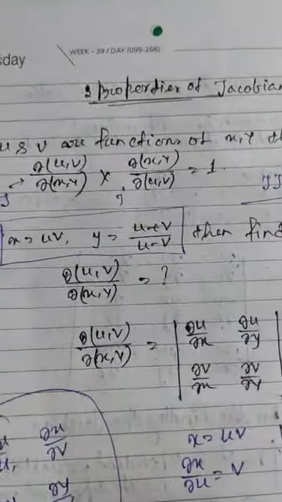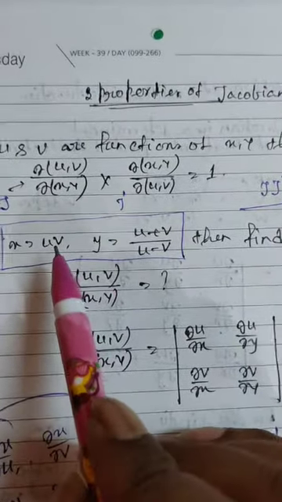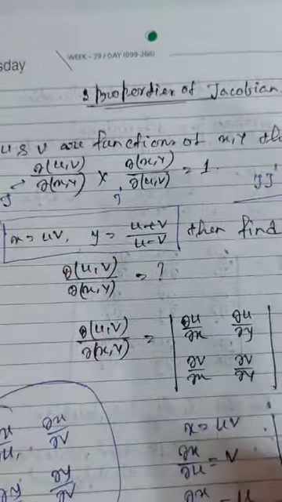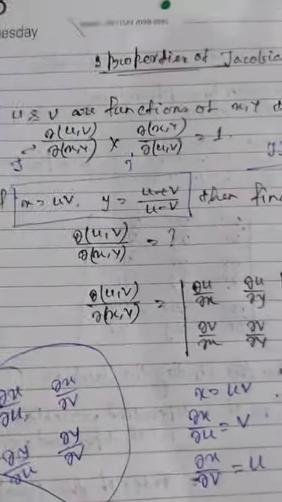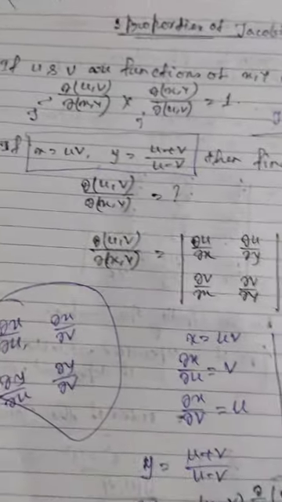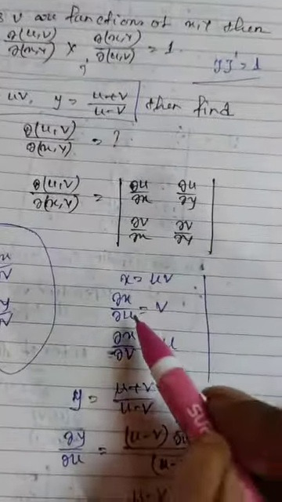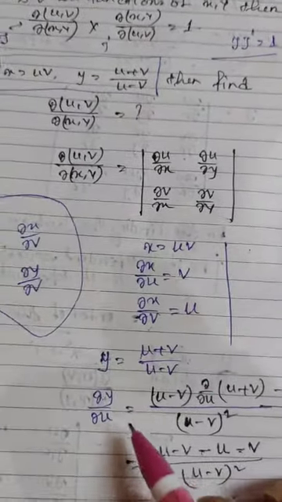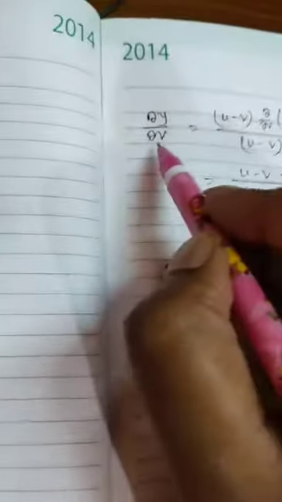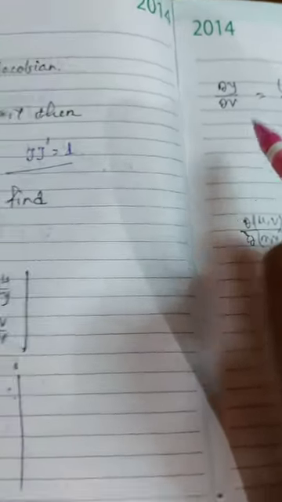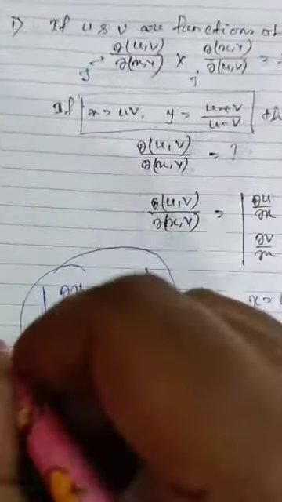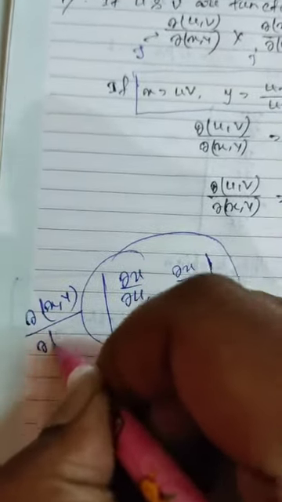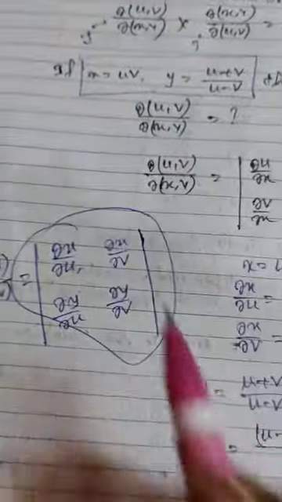But from these equations, the explicit values of u and v in terms of x and y are quite difficult to find, but it is quite possible to find del x del u, del x del v, del y del u and also del y del v. That means we can easily find the Jacobian of the form del(x,y)/del(u,v).